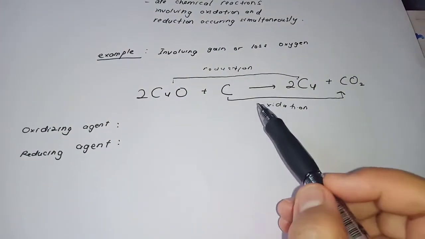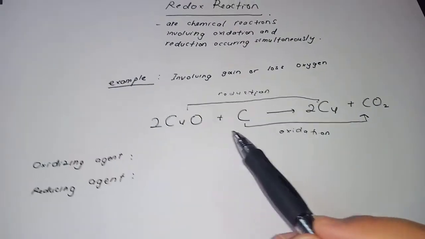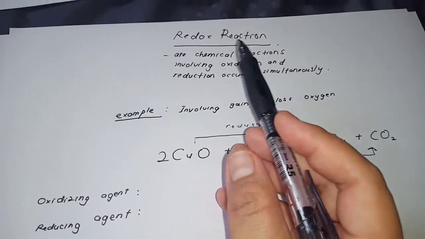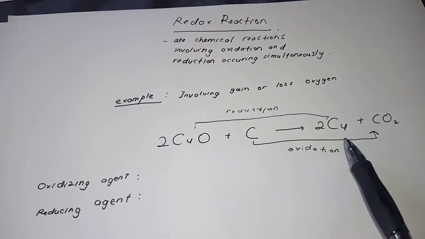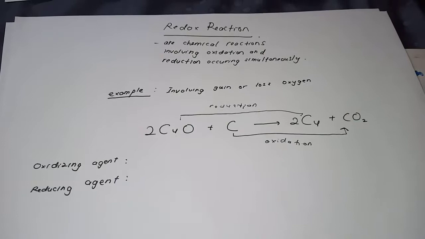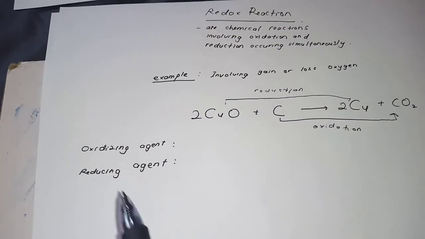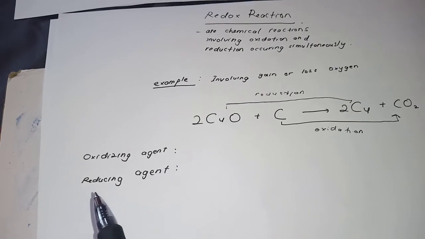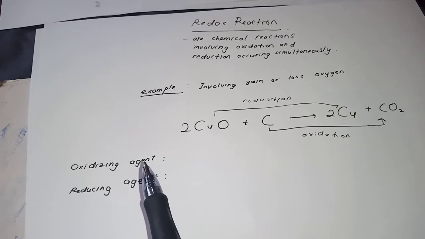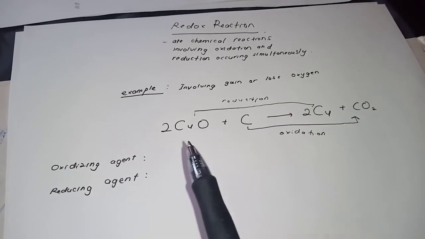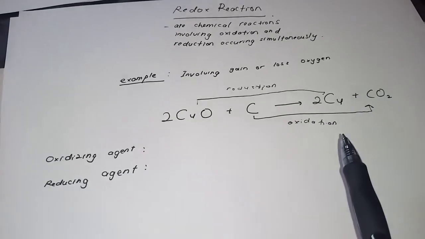So the whole chemical reaction we call redox reaction because there is reduction and oxidation. Now we want to learn about oxidizing agent and reducing agent. Oxidizing agent means a substance that makes oxidation happen.